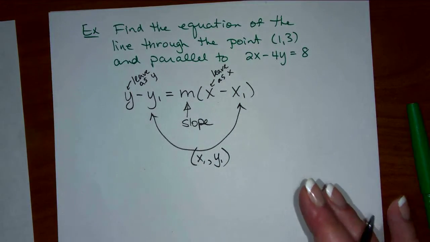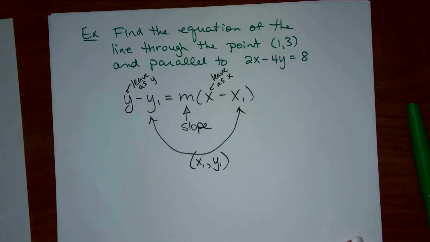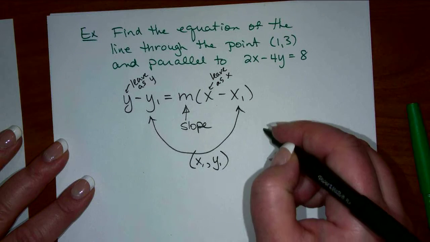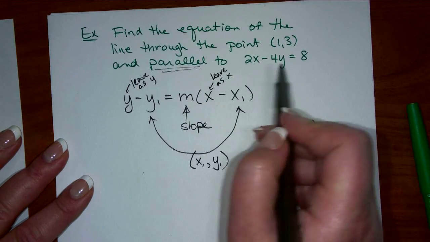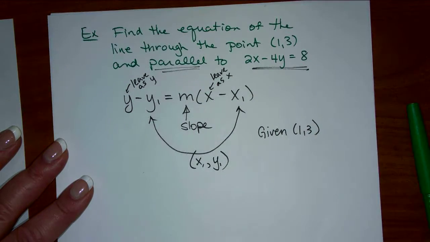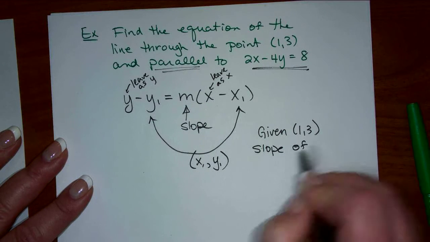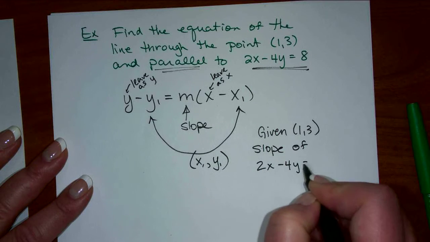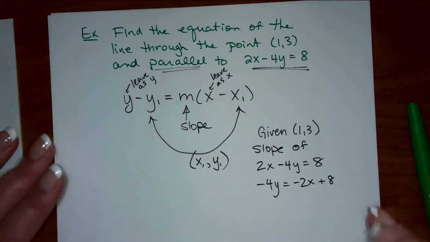So what were we given in the question? 1, 3, the point. So we have the point, and how do we find the slope? The slope is parallel to this line, so we need to rearrange it and read off the slope, because it would be the same slope since it's parallel. So we want the slope of the line 2x minus 4y equals 8. So rearrange that. We don't want the minus 4 in front of the y.